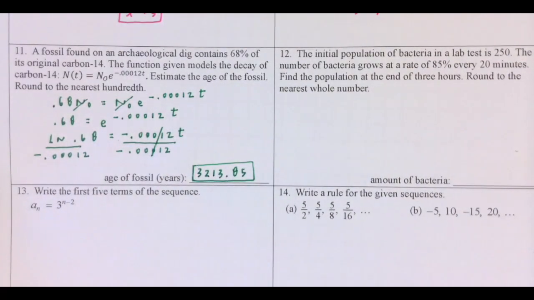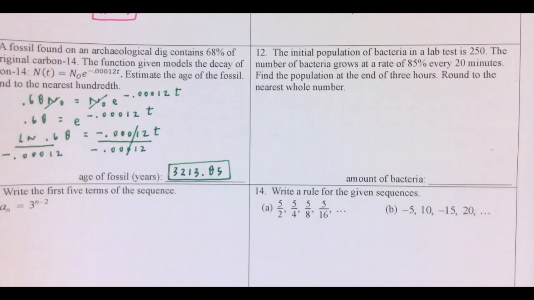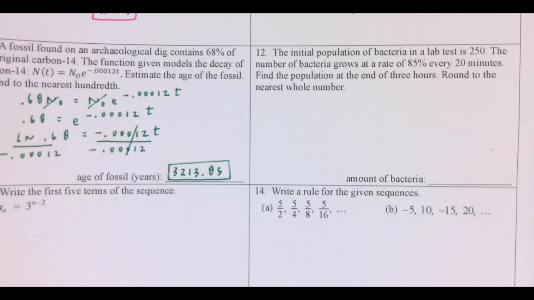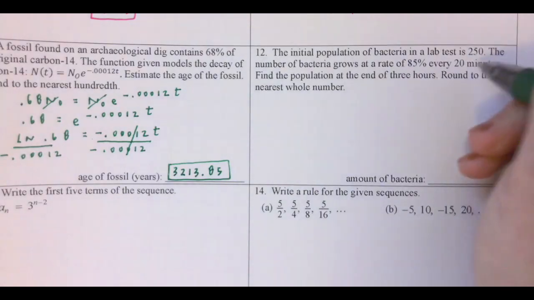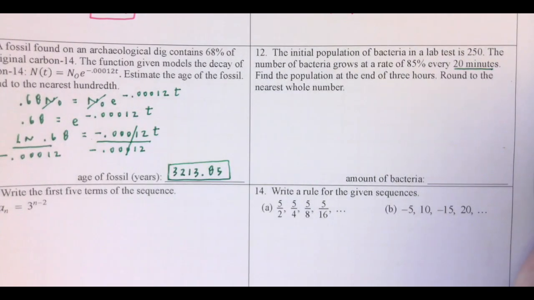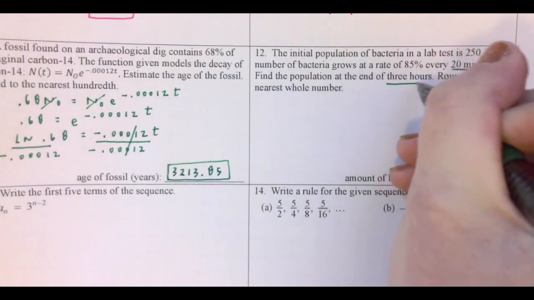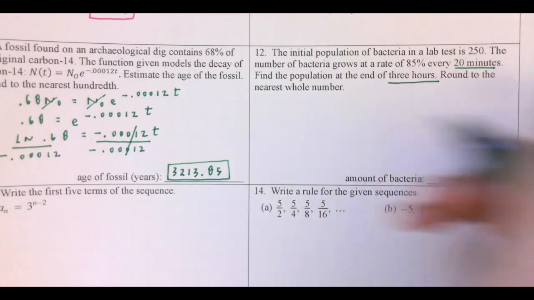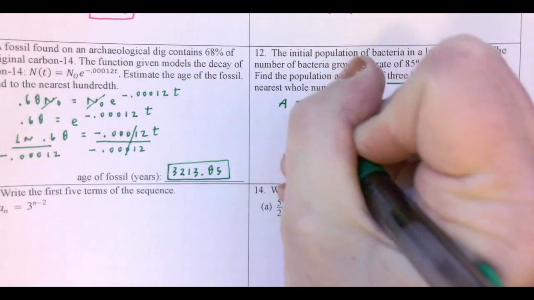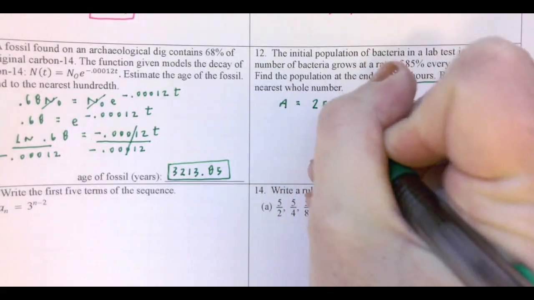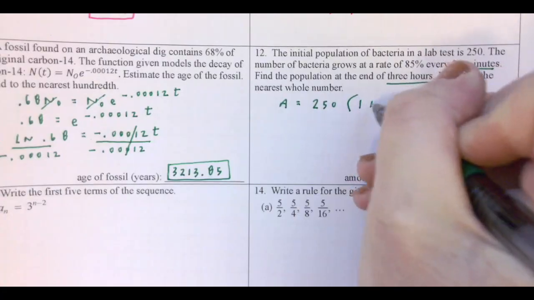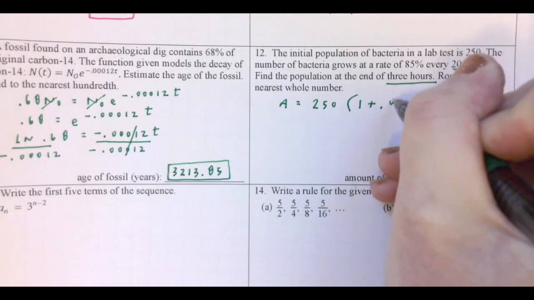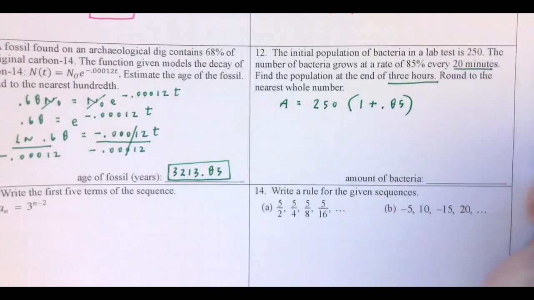All right, next one. The initial population of bacteria in a lab test is 250. The bacteria grows at a rate of 85% every 20 minutes. And we want to find the population at the end of 3 hours. So whatever our final amount is, it's going to be our starting amount, our initial amount, times 1 plus, because it's growing, that rate of 0.85.